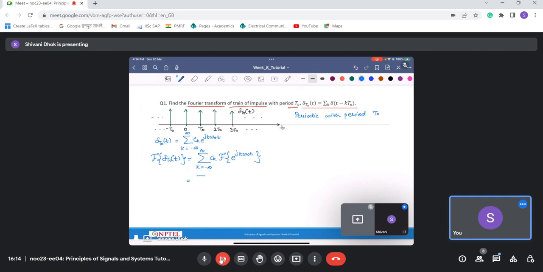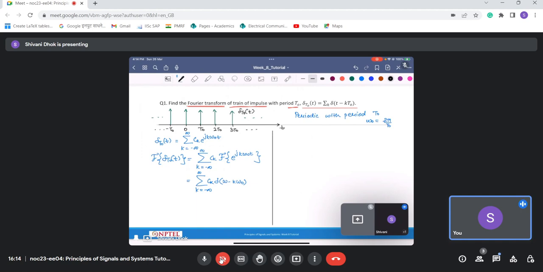And the Fourier transform of this complex exponential is simply a unit impulse, but a shifted version of it located at k times omega naught, and this omega naught is simply 2 pi by t naught.